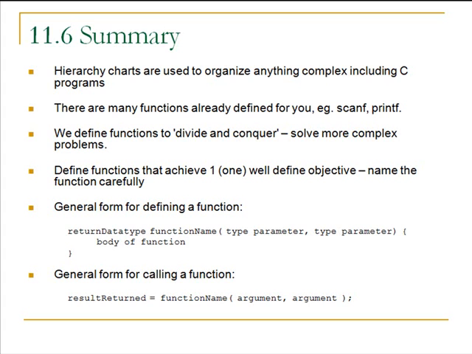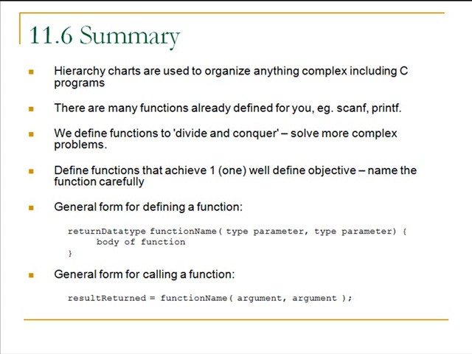The general rule for calling or invoking a function: you mention the function's name and you pass in arguments. So the number and type of arguments that you give to the function must match the number and type of parameters that the function is defined to have. Does that make sense? If you define a function that has two parameters, when you call it, you pass two arguments.